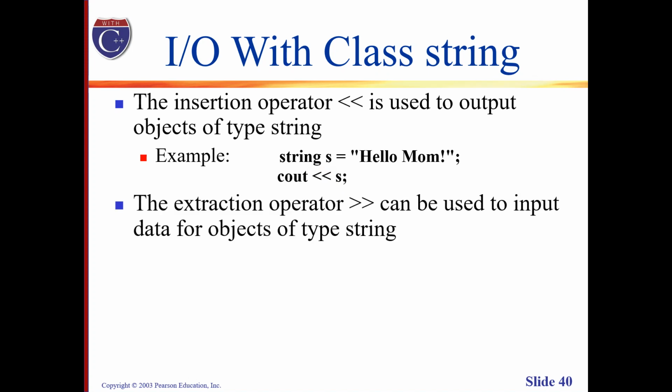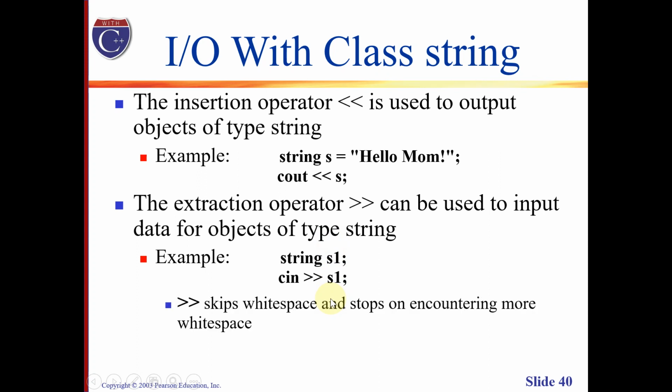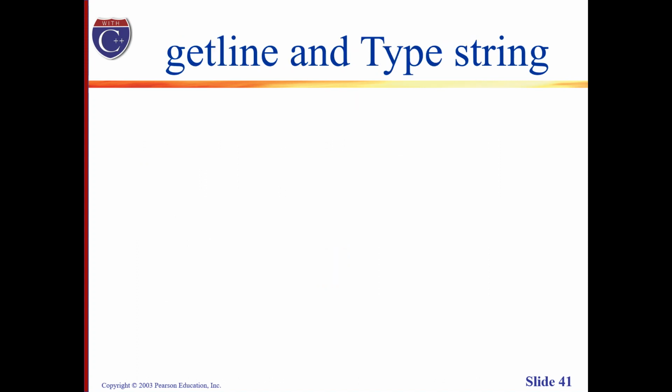Also, the extraction operator can be used to input data for objects of type string, just like this one. As you can see here, we can simply use cin and the extraction operator to fill in whatever input into our string variable. We should take note that the extraction operator skips white space and stops on encountering more white space.